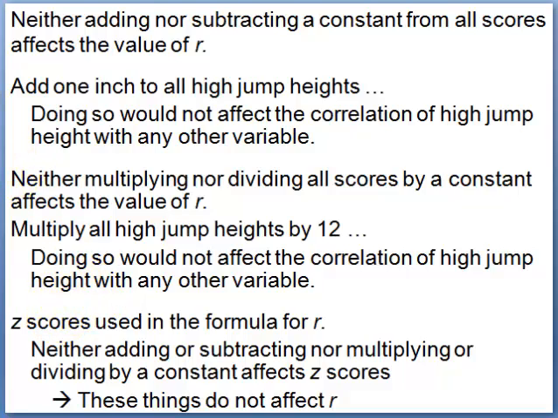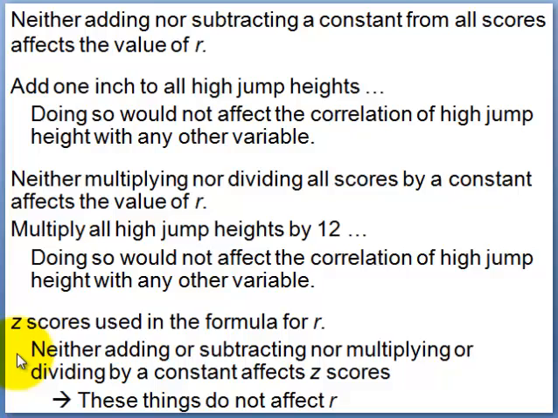Now, just to give you some sense of why you can add or subtract a constant, or multiply and divide by a constant, and this doesn't affect R, recall that z-scores are used in the formula for R. It is indeed the case that neither adding nor subtracting nor multiplying nor dividing by a constant affects z-scores. So, for instance, multiplying all of our high jump heights by 12 wouldn't change z-scores.